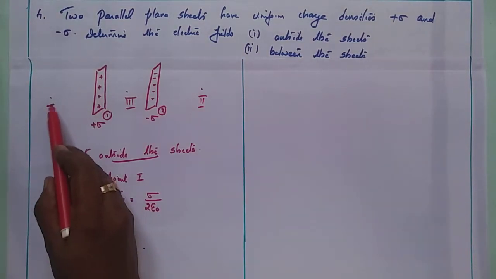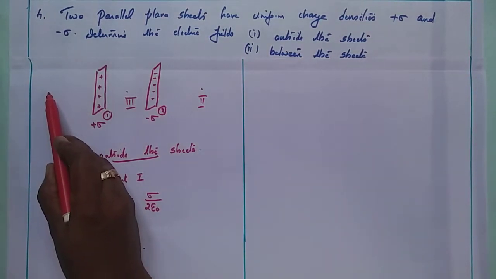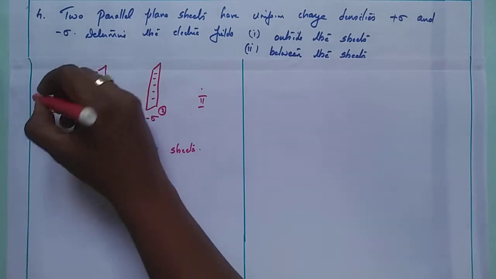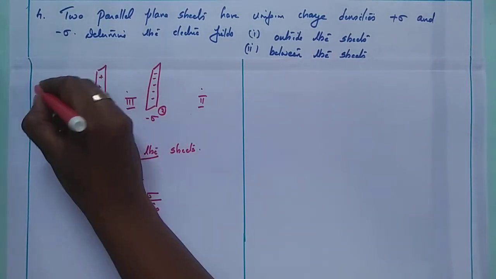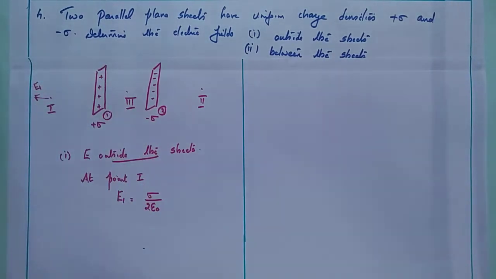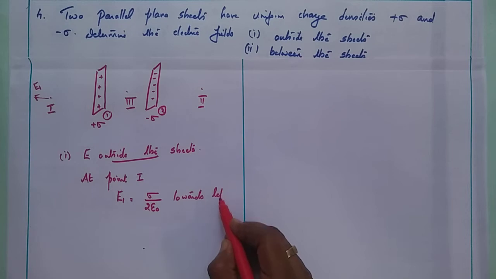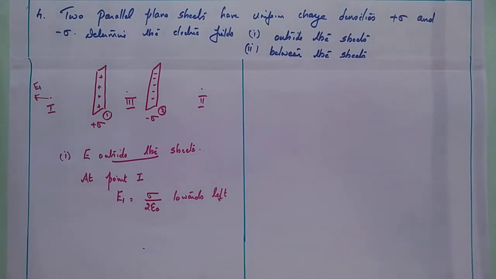Here its direction is, how will you find the direction of electric field? If you place a unit positive charge here, due to this positive charge sheet, the unit positive charge will be repelled out. So this will be the direction of E1. So here it is sigma by 2 epsilon 0 and its direction is towards left. Now what is the electric field at the same point due to the second sheet, which is negatively charged?